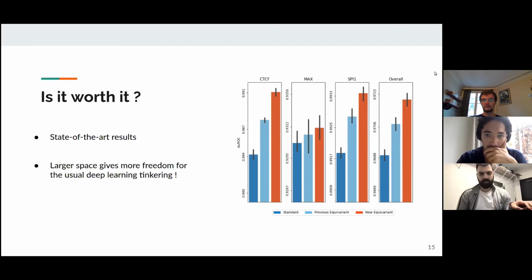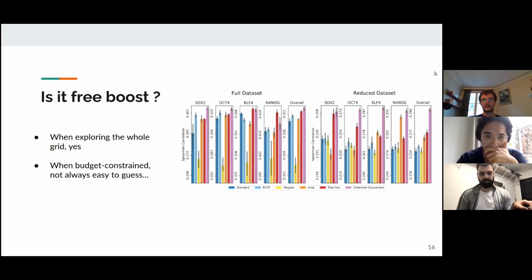And now a final word is that it's not actually a free boost. Sorry, this figure is a bit intense, but basically we unraveled a whole family. If you are able to do some kind of grid search and explore the whole family of functions, and you have the time to do that, then you can pick the best on the validation set, use it on the test set, and that's how we get our best results.